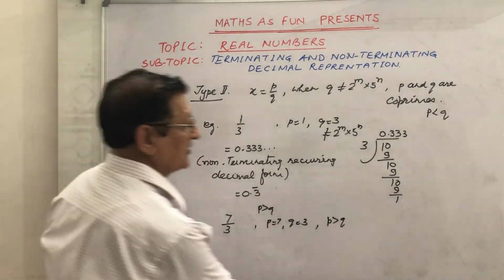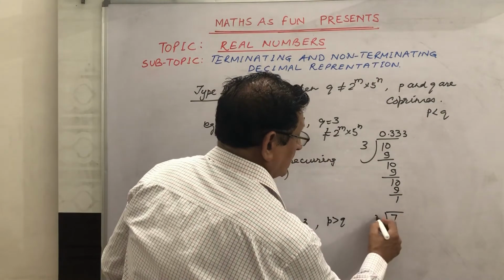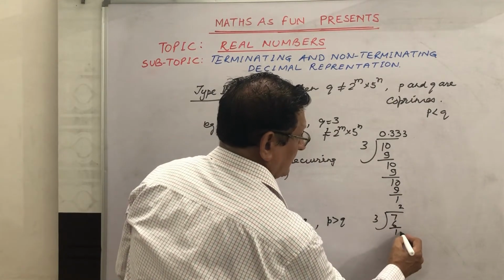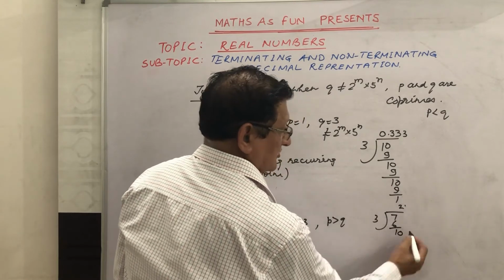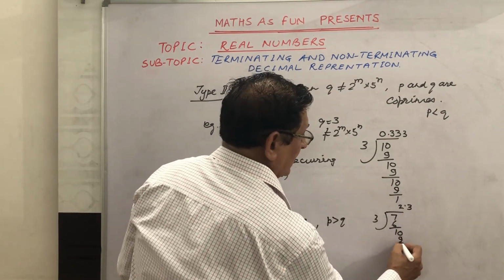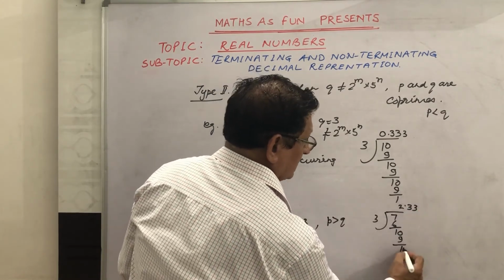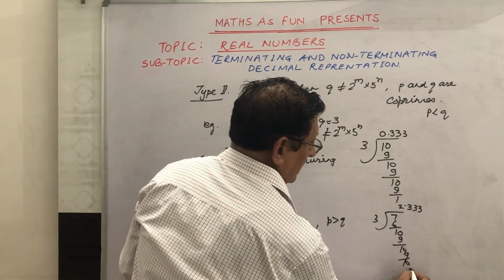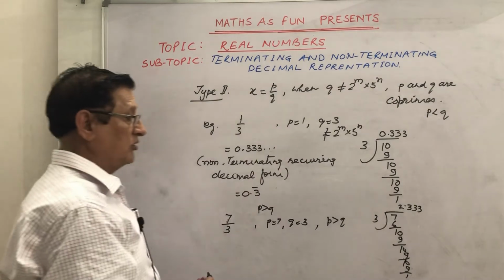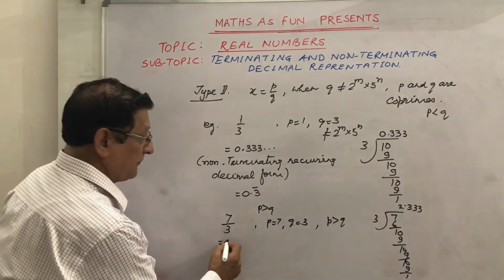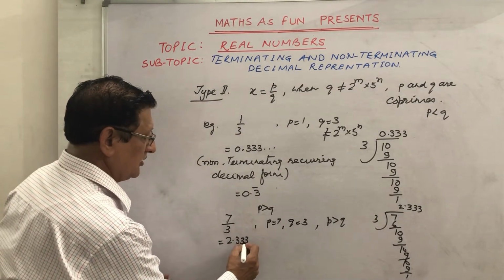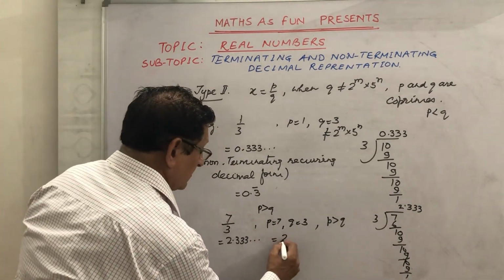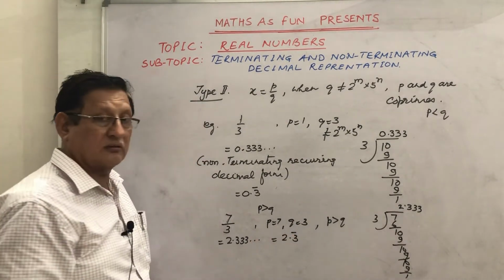If we divide 7 by 3, 3 twos are 6, remainder 1, 0.3, 3 threes are 9, remainder 1, again 3 threes are 9, again we are getting 1 and so on. So 7 upon 3 is 2.333 dot dot dot. We can also write this as 2.3 bar.